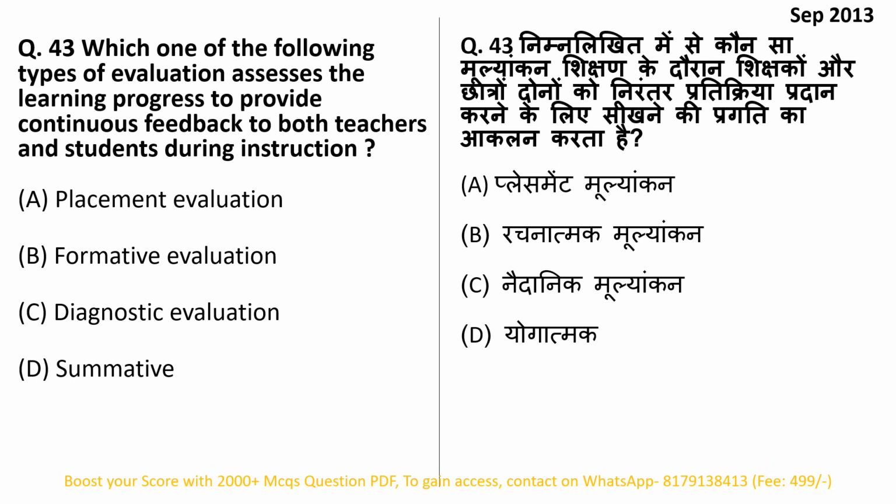Which of the following types of evaluation assesses the learning progress to provide continuous feedback to teachers and students during instruction? So when the students are evaluated during instruction, that is called formative evaluation. Summative happens at year end.